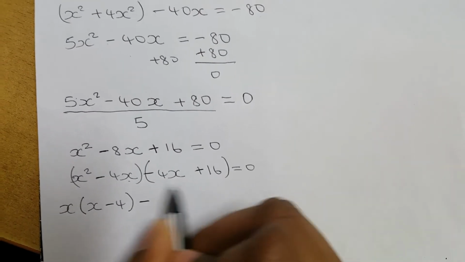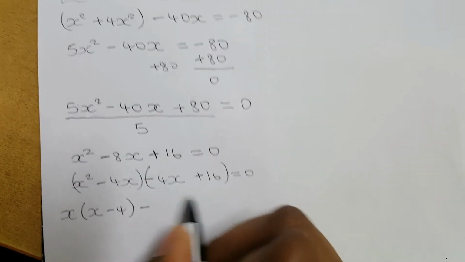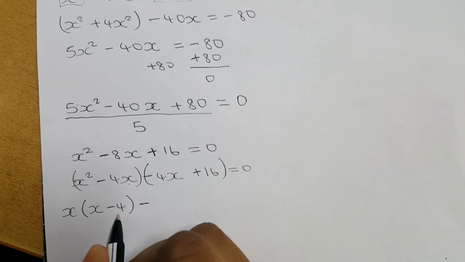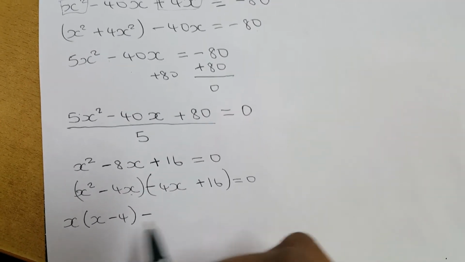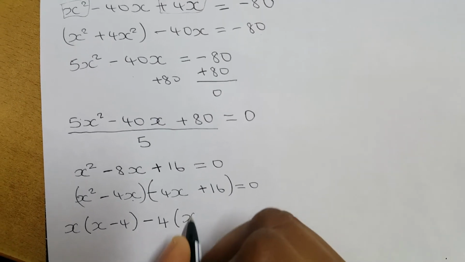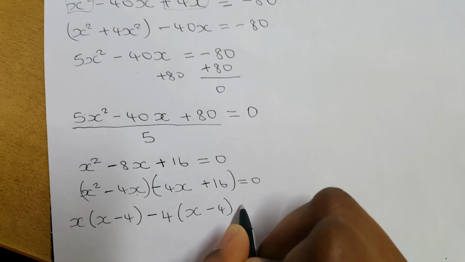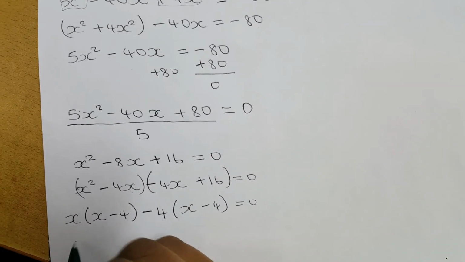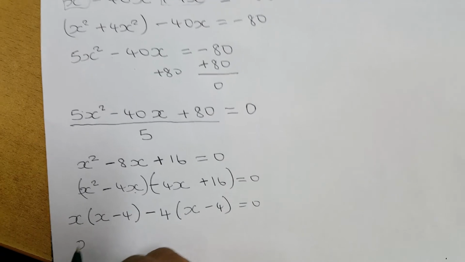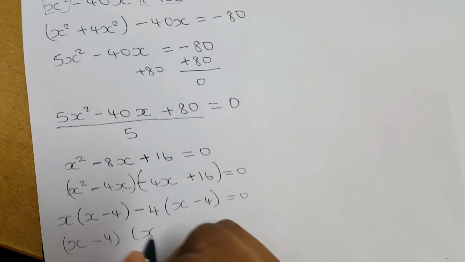We need to extract this, and 4 is present in both of them, yes, but we really need it to look like this too. So the only way we can do that is by extracting negative 4. So x is there and negative 4 remains. If you realize these two, we group these, x minus 4, and these are common, so we only need to write it once.